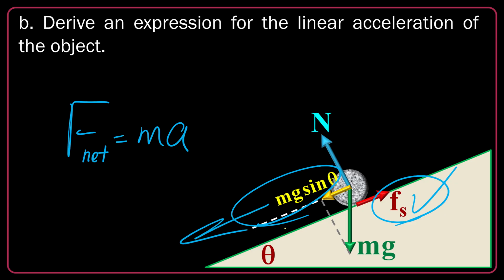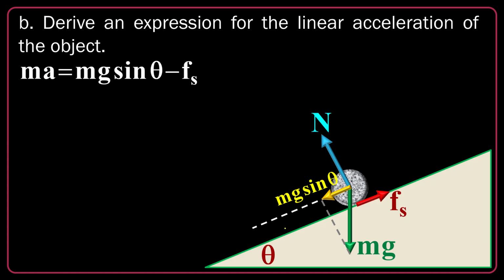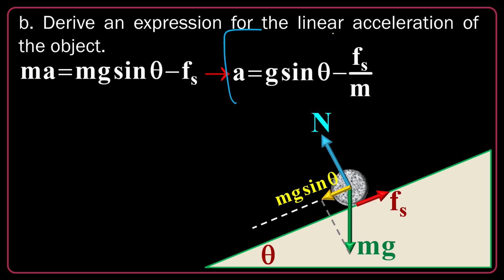They fight, so we have a combination of those. mg sine theta minus Fs equals ma. Let's divide both sides by m to purely have acceleration: g sine theta minus Fs divided by m.